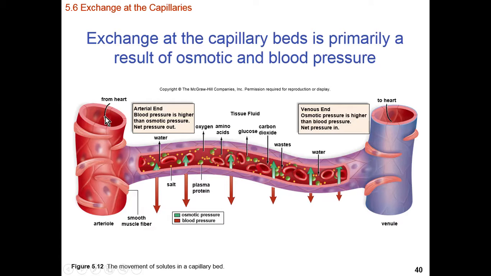Near the artery side, closer to the heart, we have higher blood pressure, so we have a net movement of fluid out of the bloodstream. But farther away from the heart, on the venous side, the hydrostatic pressure is really low, and the osmotic pressure is much larger because more particles of chemicals have been absorbed into the bloodstream. So we have a net movement in near the veins and a net movement out near the arteries.